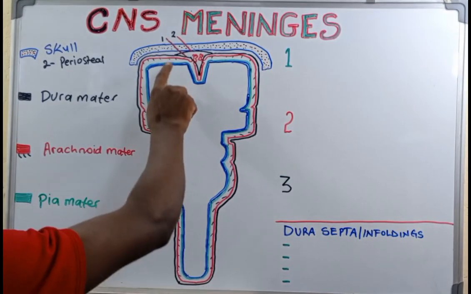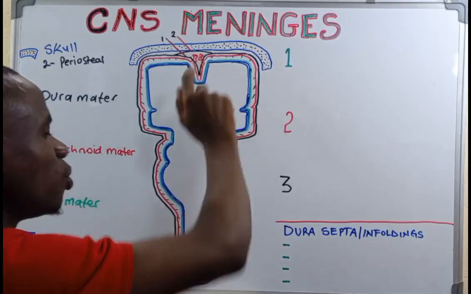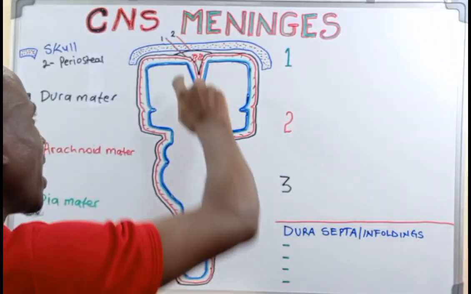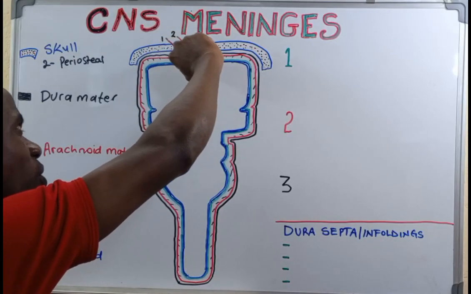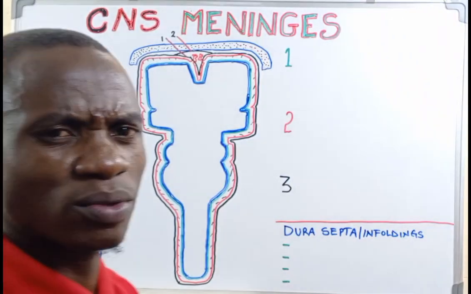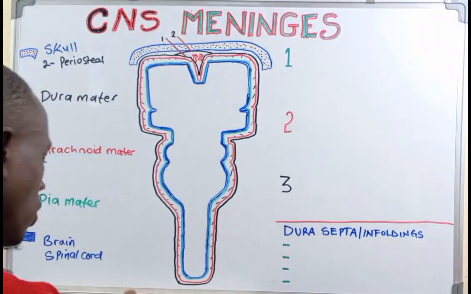And of course, you have this other layer, which helps in the formation of the dura infolding. This layer of the dura mater, which enfolds the sinus, helps in the formation of what we call the dural venous sinus. You know how this dura layer is called?